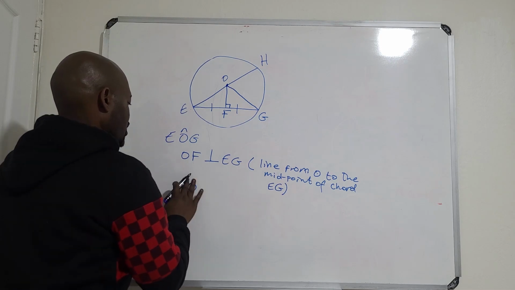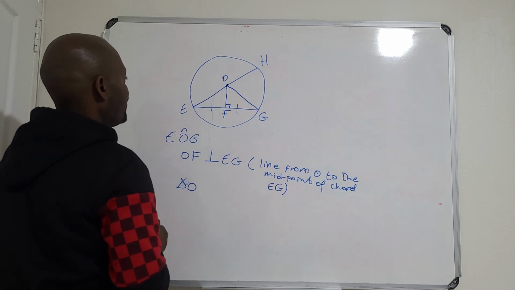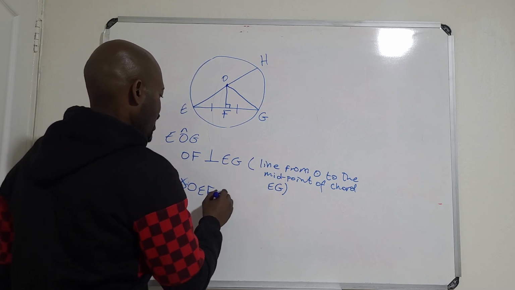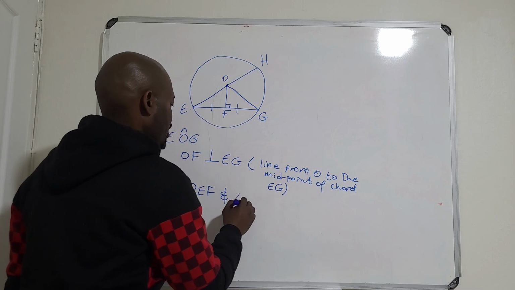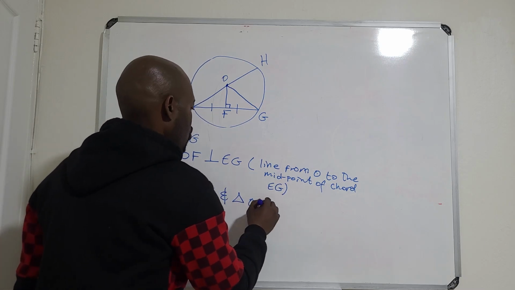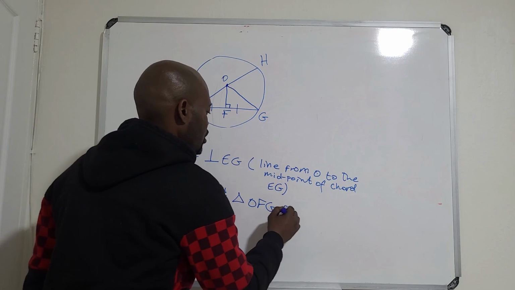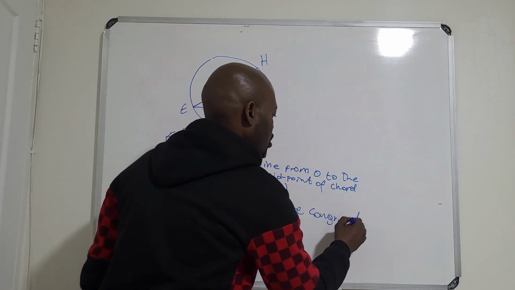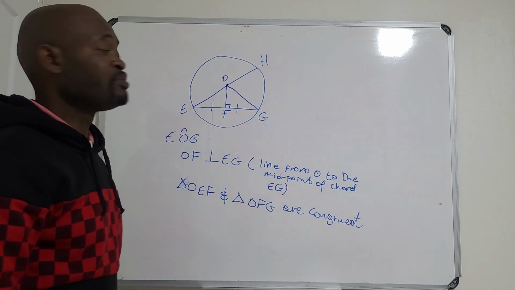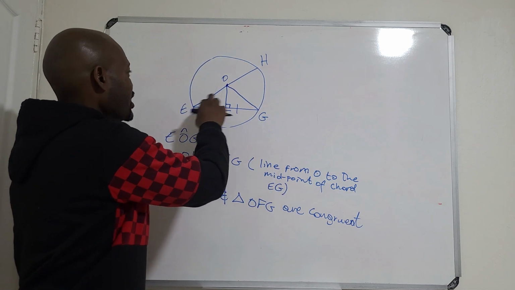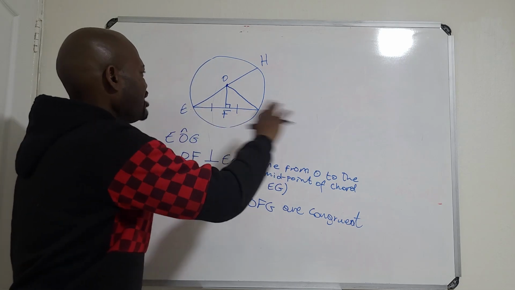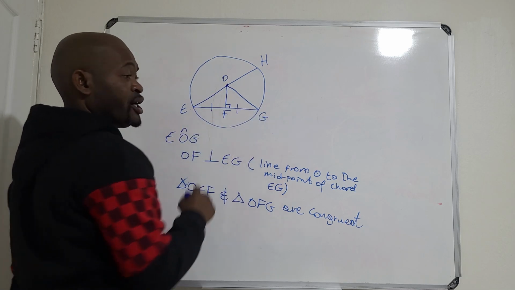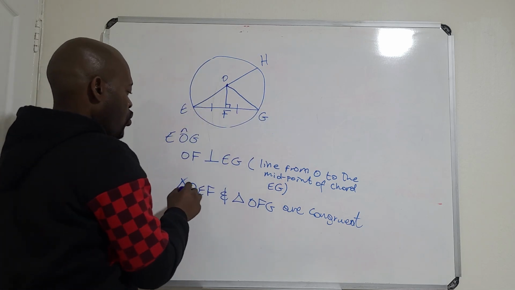Now, it means that this is perpendicular like that. Therefore, triangle OEF and triangle OFG are congruent. By congruent, it means that they are the same shape, they are the same in all respects.